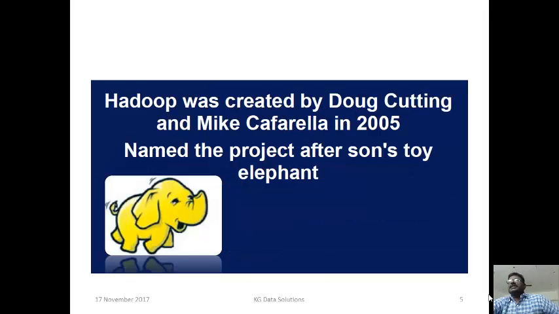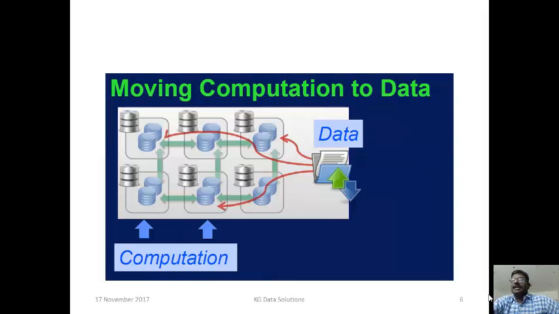Hadoop was created by Doug Cutting and Mike in 2005. The major thing is that we are moving the computation to the data. Generally, in any processing, any CPU or mainframe, you will have a hard disk and a processor, an application which is running, and a database which stores the data.